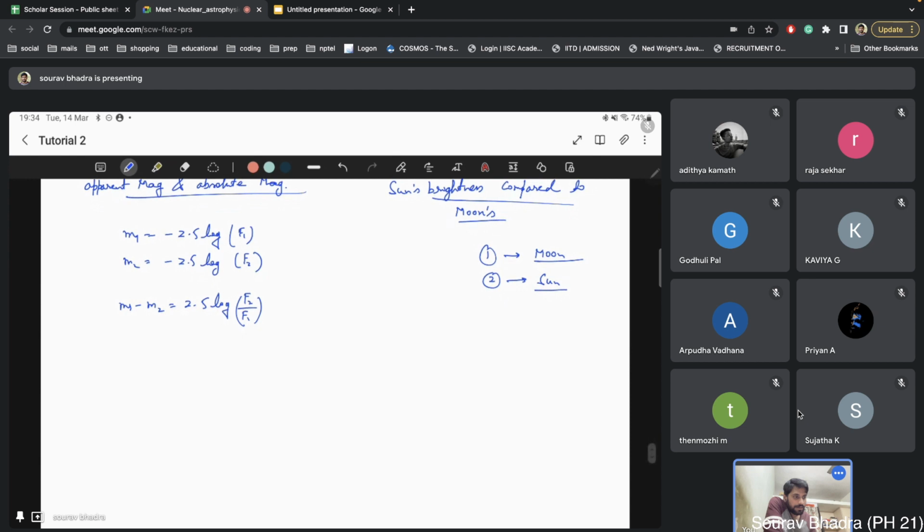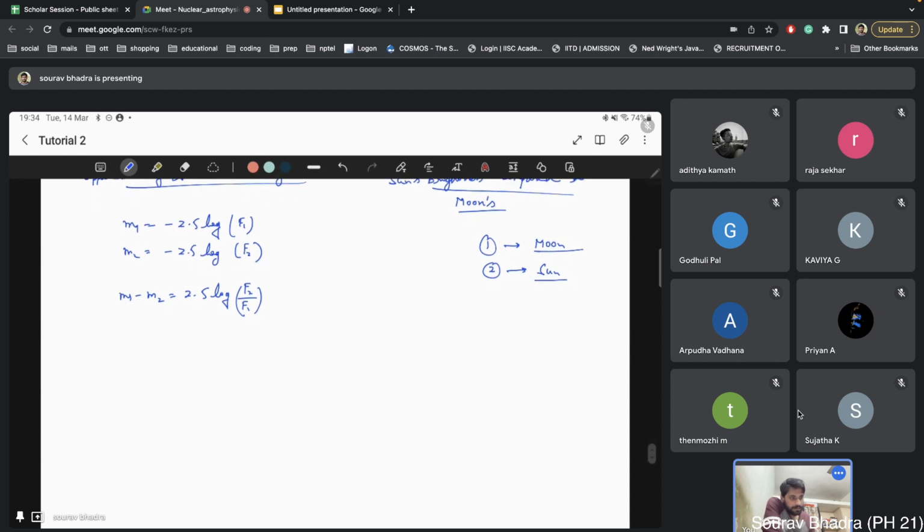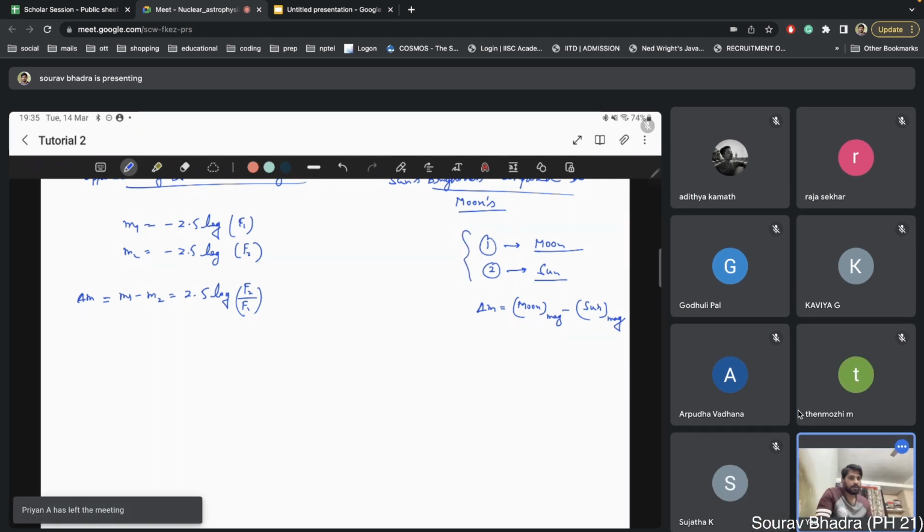Now let us call this delta m. So delta m is actually m1 minus m2. That means delta m is the magnitude of the moon minus the magnitude of the sun. That is your delta m according to my convention.